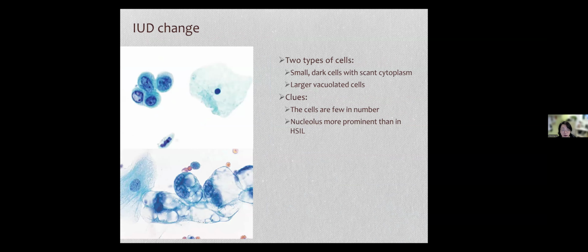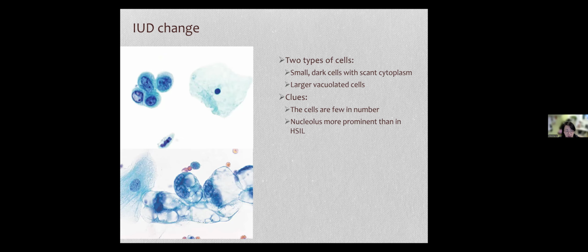And IUD changes are very common because we have women who have an IUD implanted and it causes cellular changes. So there are two types of cells. One is small, in the left upper corner, a small dark cell with very scant cytoplasm.